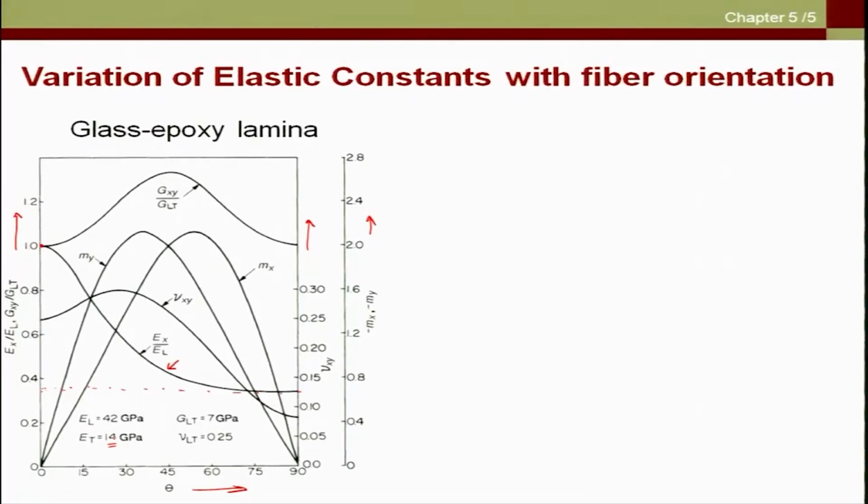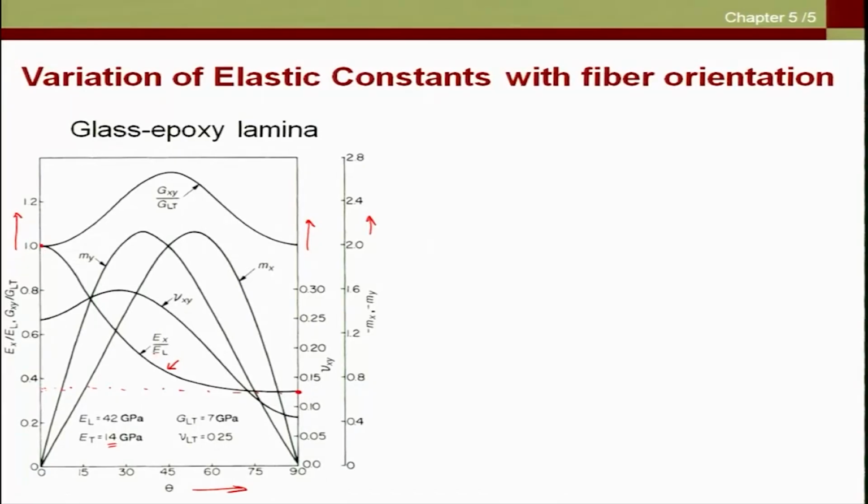Okay. So at one extreme the value of Ex is El, and I am plotting Ex divided by El, and at the other extreme the ratio is 0.33, which means Ex is about 14 GPa, because the material system which has been chosen is such that El is 42 GPa, Et is 14 GPa, GLT is 7 GPa and nu LT is 0.25.